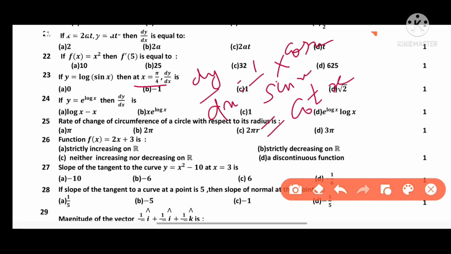And at x is equal to pi by 4, cot of pi by 4 is equal to 1.